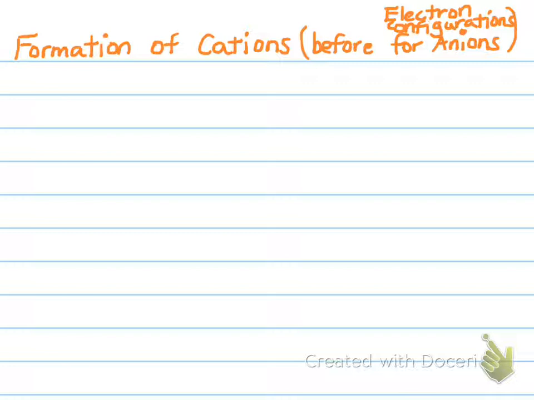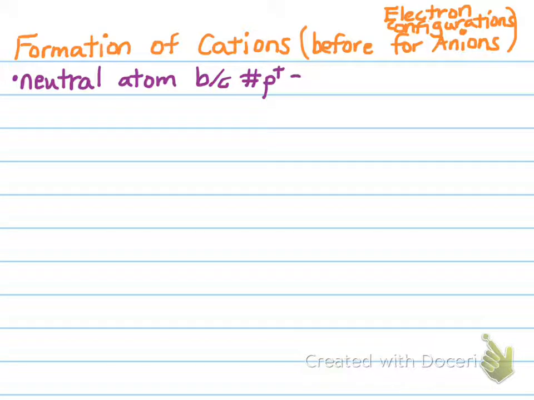So we're going to focus now for a little bit on what happens when we form cations. Remember, as we get started here, we're talking about a neutral atom to start with. What makes an atom neutral is that the number of protons equals the number of electrons.